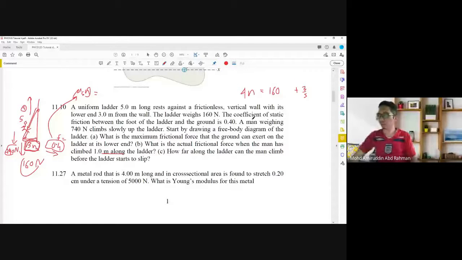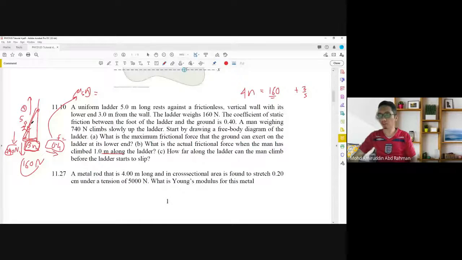So 160 is for the ladder. So this is actually when he climbs up 1 meter, so it will be half of that. So that's half of 3 meter.